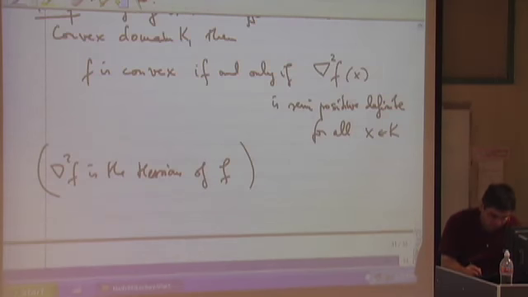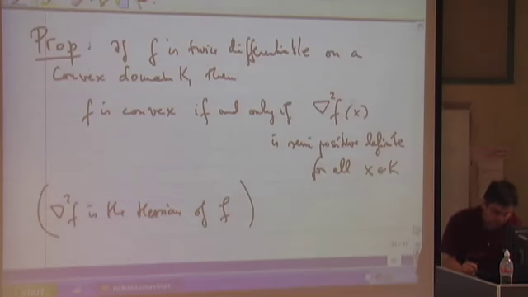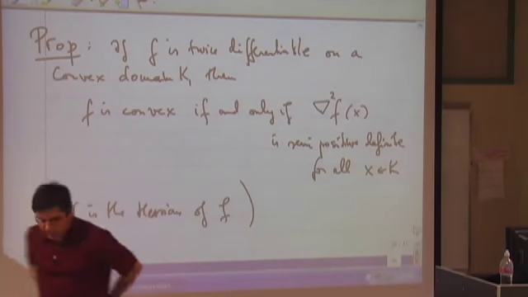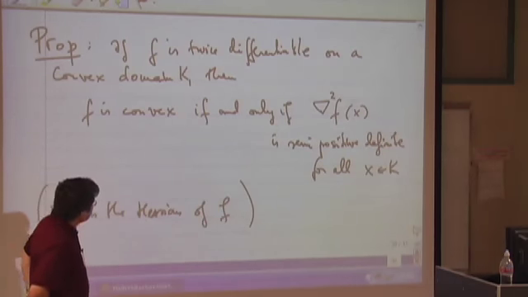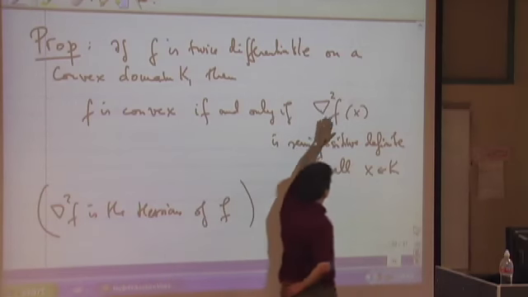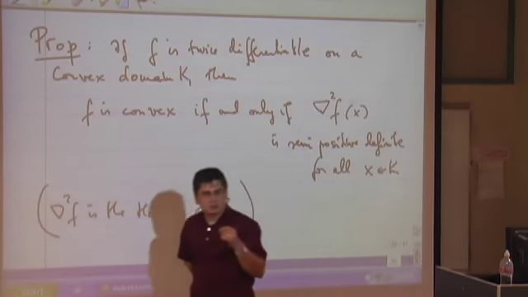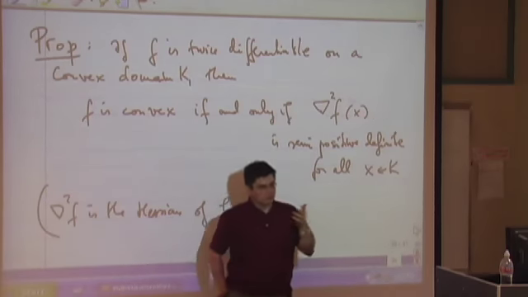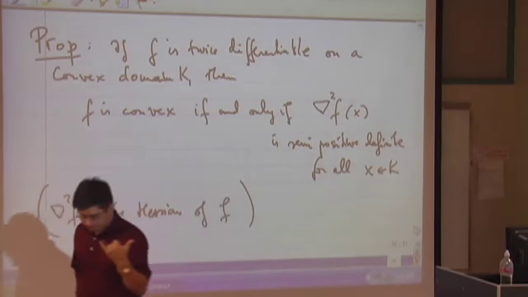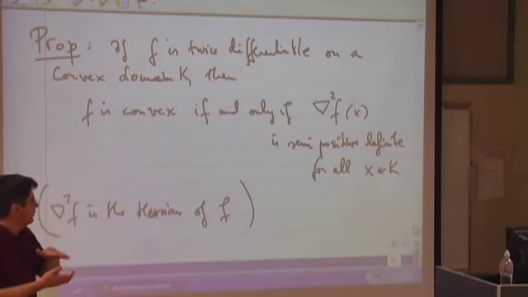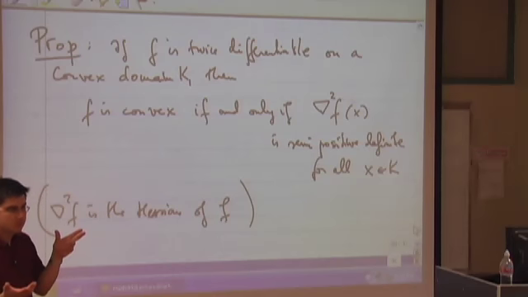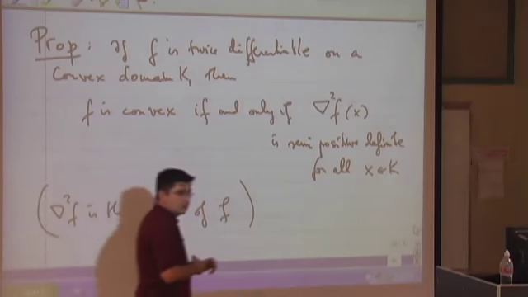Okay. So this is one of the statements that is useful, but not very practical. Yes, if you can find the Hessian and show that it's semi-positive definite, meaning that at all points in the domain the eigenvalues of the Hessian are non-negative, then that would mean it's a convex function.